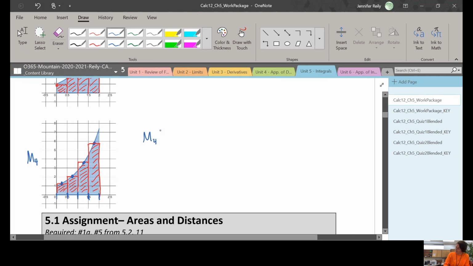So M4 is going to be, the width of every rectangle is still 0.5, but this time the heights are at different x values, right? This was 0.25, this is 0.75, this is 1.25, and this is 1.75.